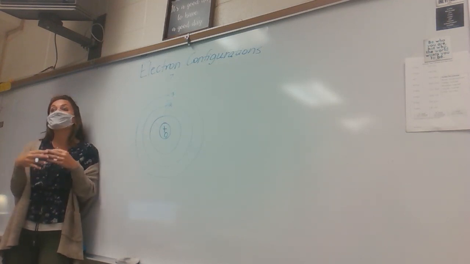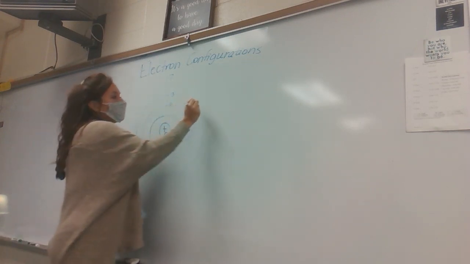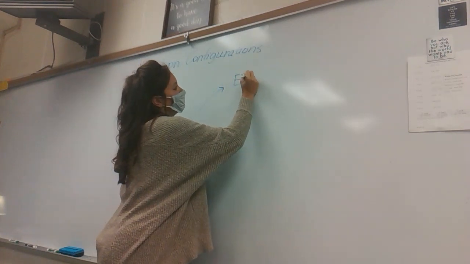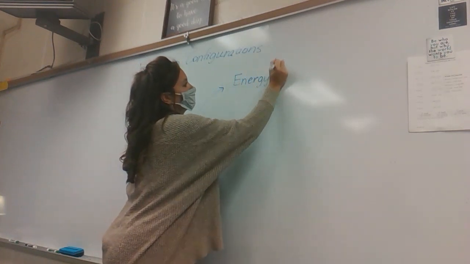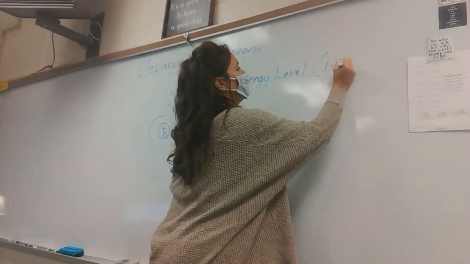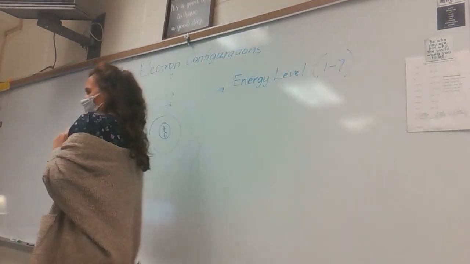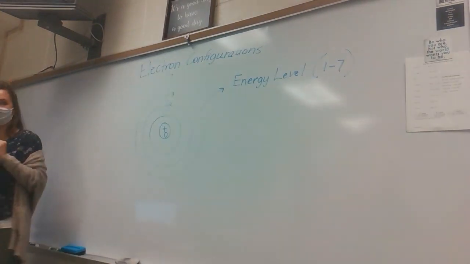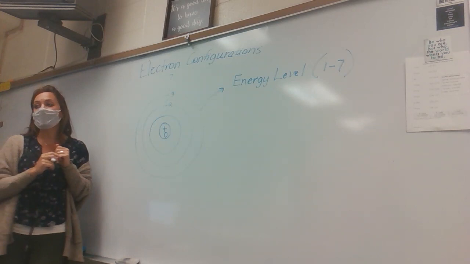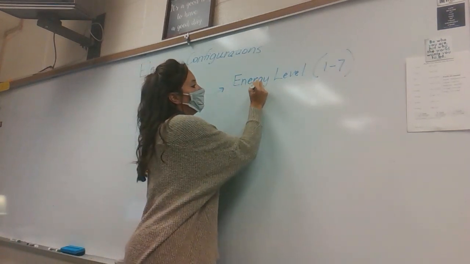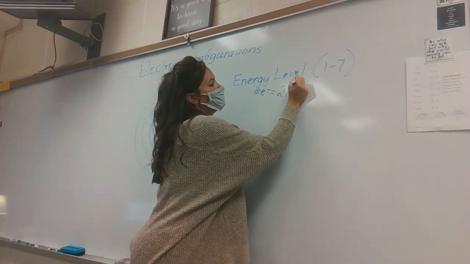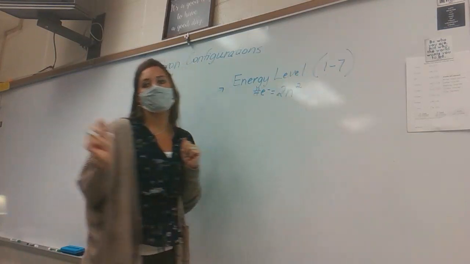There are things inside energy levels. The biggest part is the energy level, and it goes from 1 to 7. The number of electrons that can fit inside of an energy level is equal to 2n squared, where n is the number of the energy level.